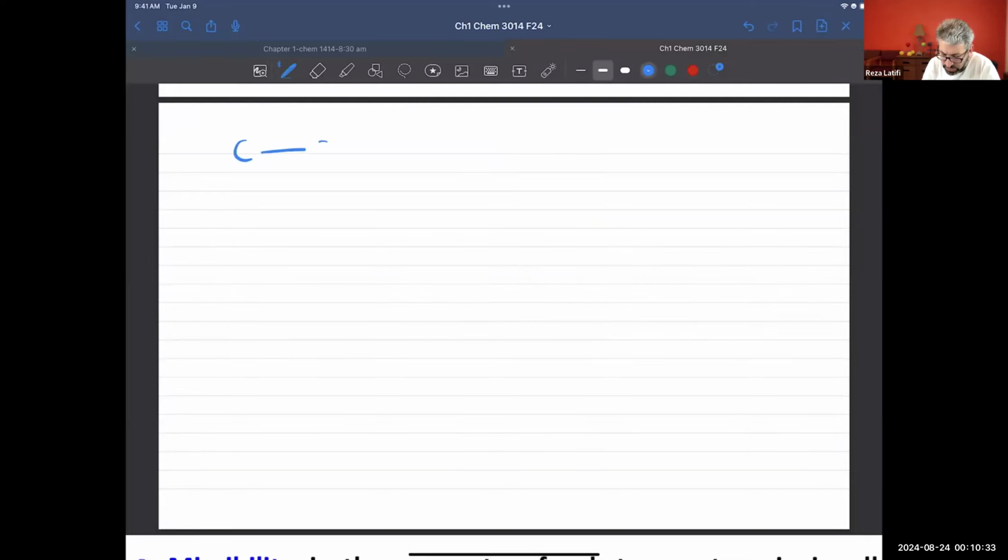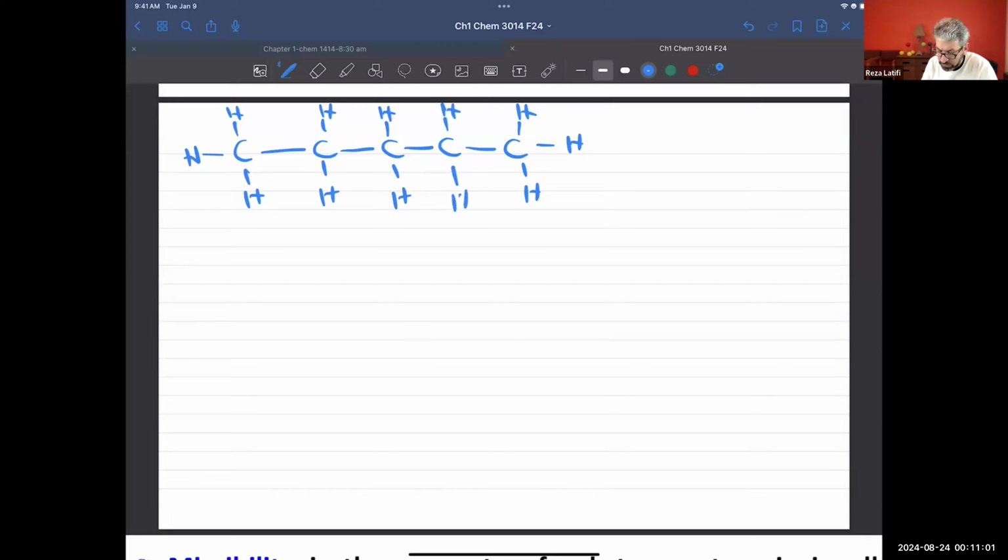Let's say we have this molecule, with maybe four carbons. This one is linear.